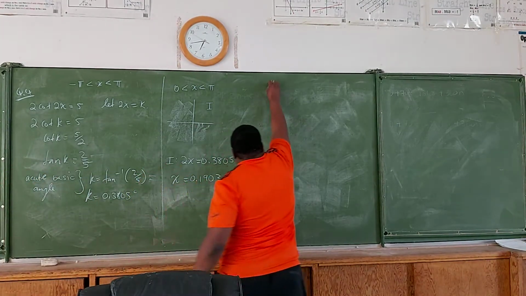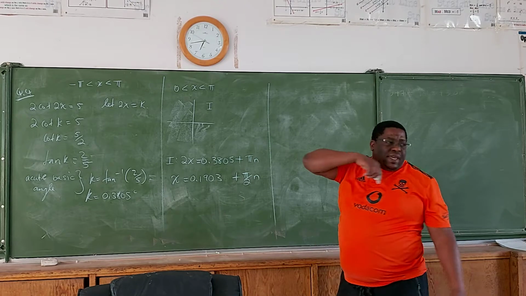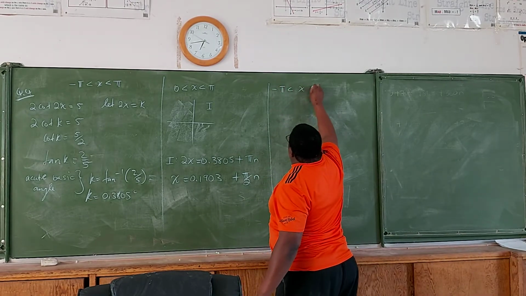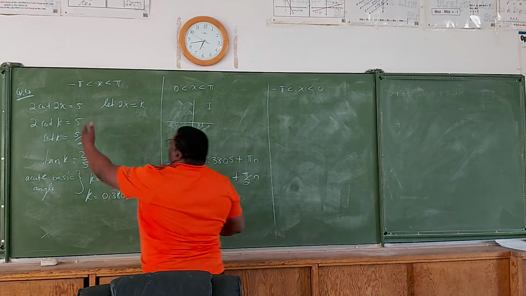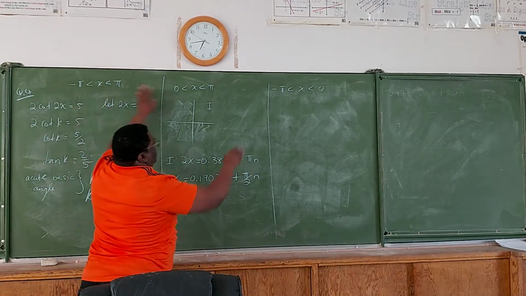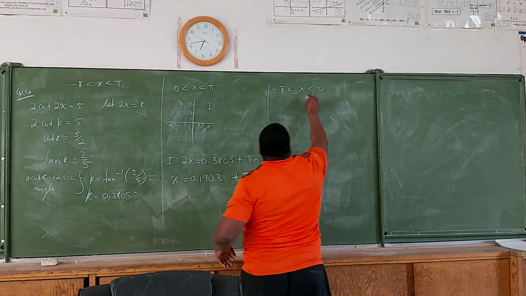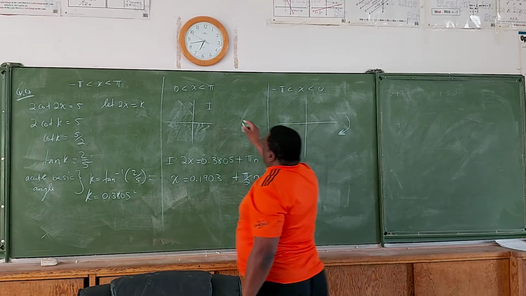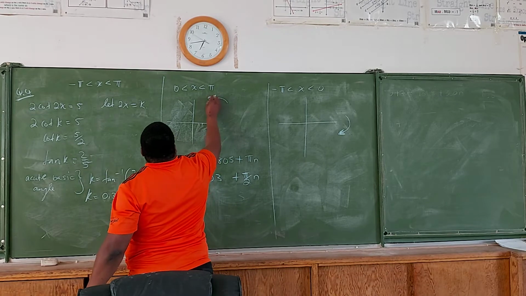Okay. Let's look at the negative angle side of things. That is from negative pi radians up to 0. Remember, you have negative pi up to 0, and 0 up is the positive side. Clockwise. So we are going now in this direction, while here we were considering that direction.